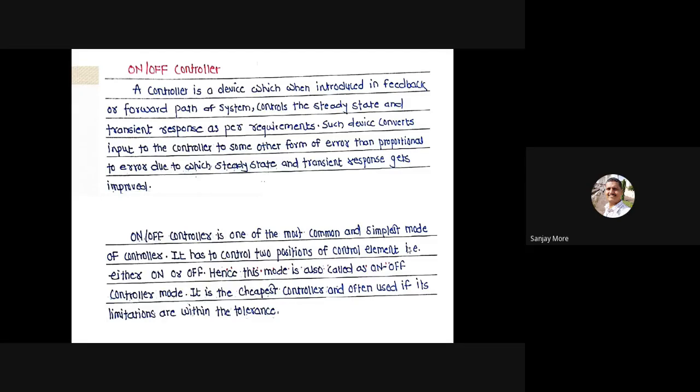Such devices convert the input to the controller into some other form of error, then proportional to error, due to which steady state and transient response get improved.